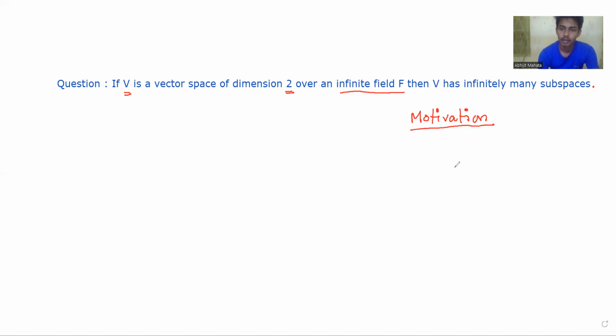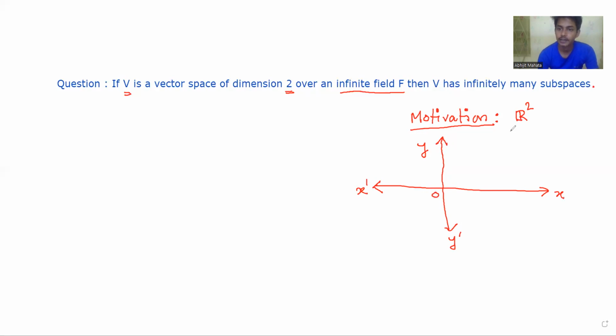So let's say we consider the plane R2, and we know R2 is a vector space under the usual addition and scalar multiplication. We can consider the vector space R2 and now take the basis.